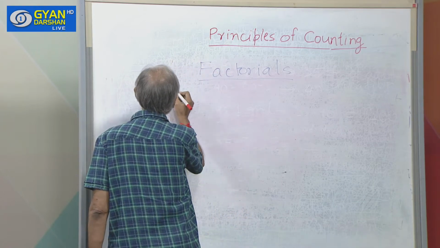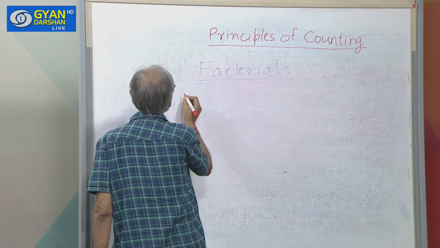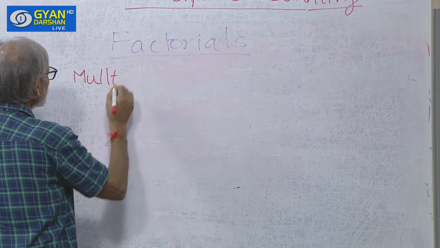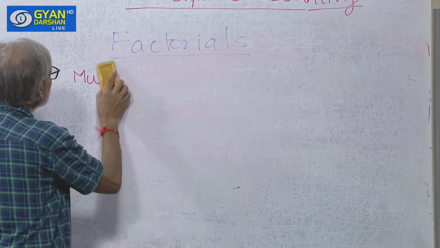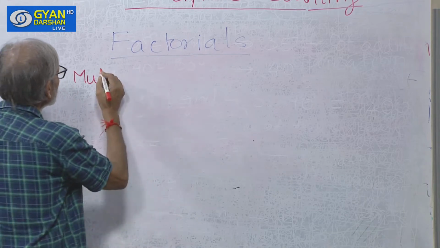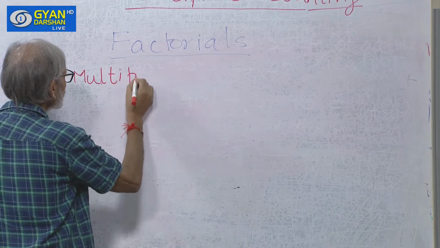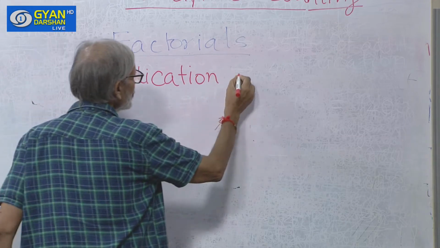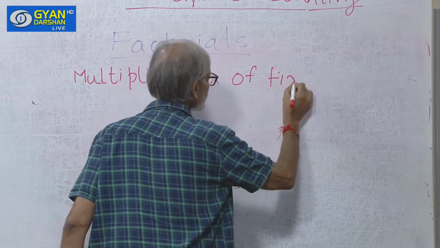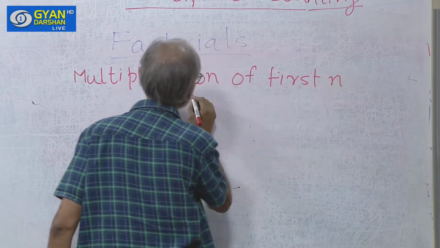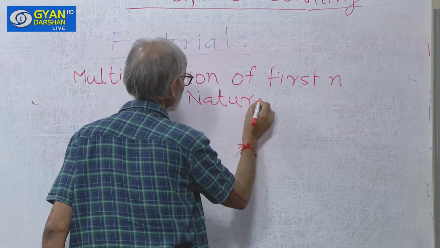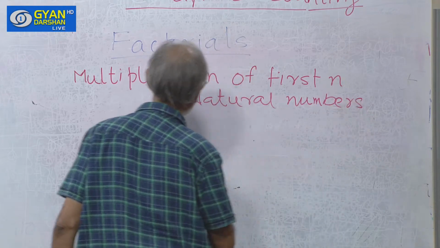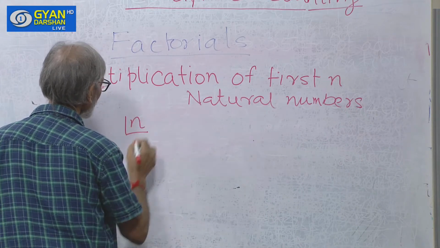So, the multiplication of the first n natural numbers, we call it factorial n.